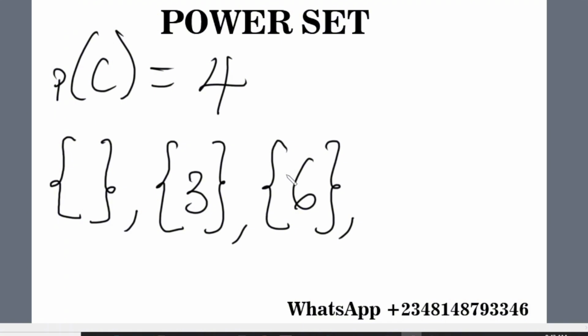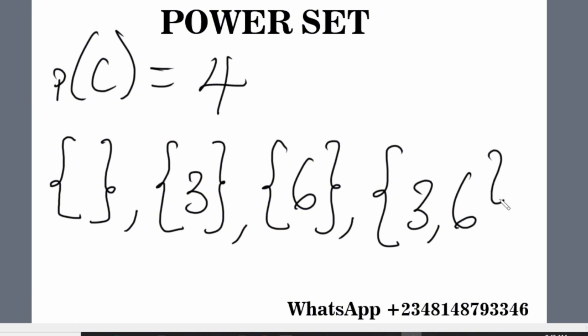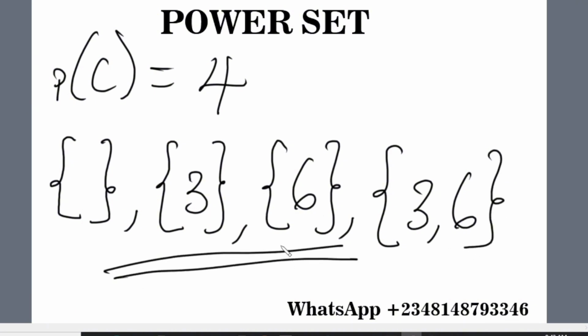So the next task is to list both elements in set C. So it becomes 3, 6, which makes it 4 sets. If the power set for C were to be 12, we would have listed the empty set first and then list them one after the other before we list them in twos and then in threes and fours till we get to 12.